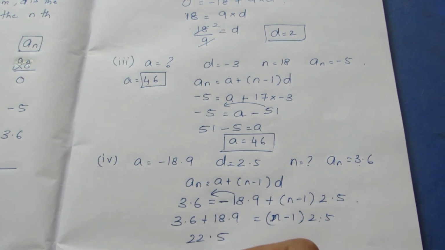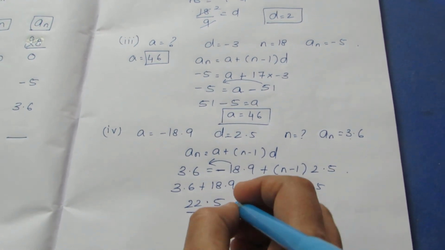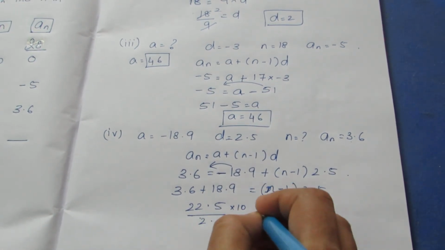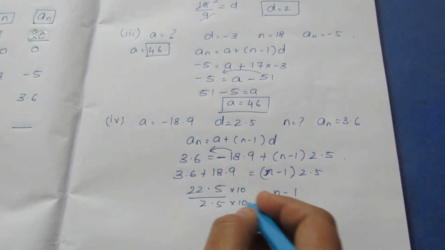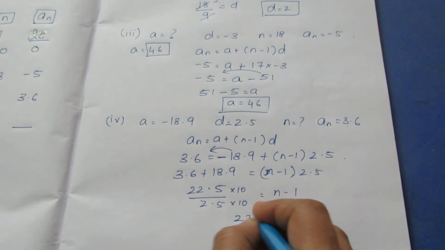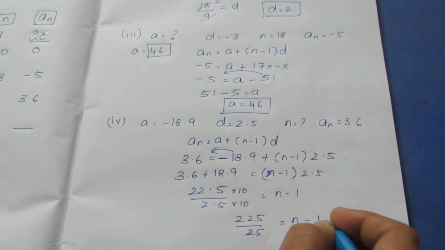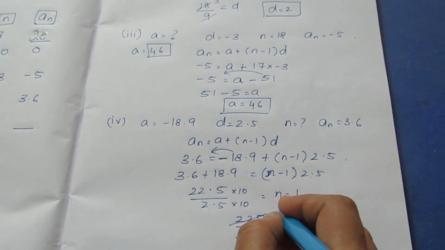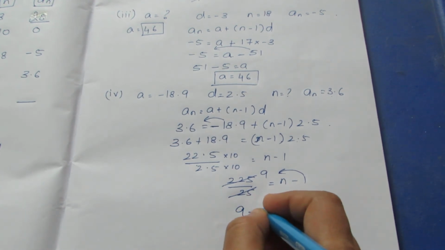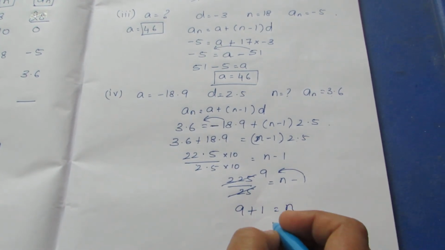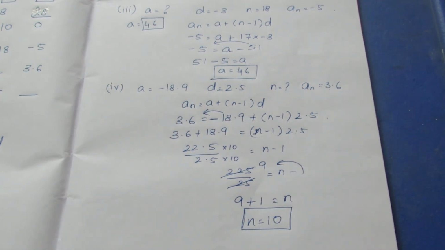If I bring it to this side, it becomes a divide. Then multiply by 10 over 10 so that you can remove the decimal point. If I multiply, I get 225 by 25 equal to N minus 1. Here it gets cancelled and becomes 9. Bring minus 1 to this side, so it comes as plus 1, equal to N. So N is equal to 10. So I got N to be 10.